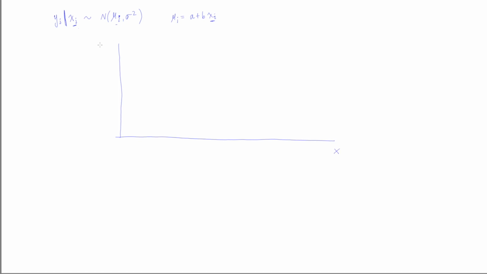So here's my x-axis, here's my y-axis, and basically what we're saying is that there's some true line, and let me call this y equals alpha plus beta x, where alpha, beta are the true parameters. Okay, we don't know what these true parameters are. We just assume that there is some true regression line out there.